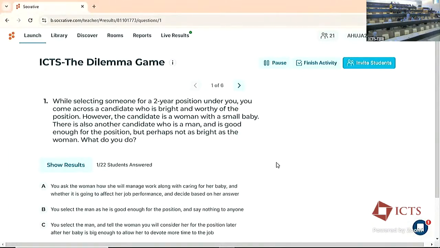The rules of the game are, first of all, we would like you to read these dilemmas, which are possibly going to appear in somebody's life, and you have to assume that you are in this situation and decide how you're going to react. You have to take one of these choices. There are 5 options. You have to choose one, and vote on Socrative.